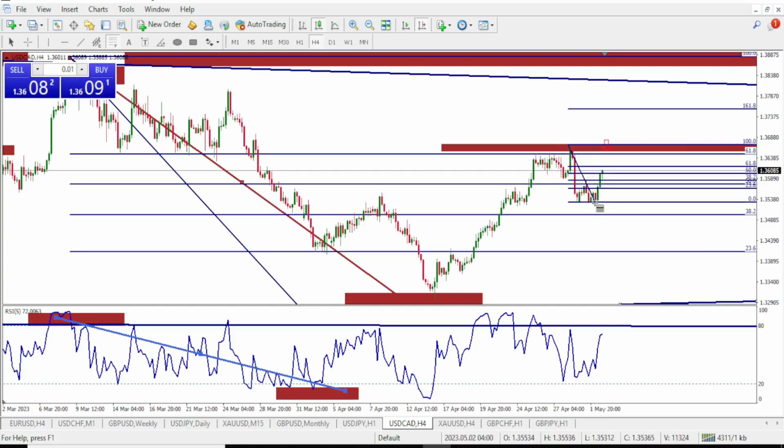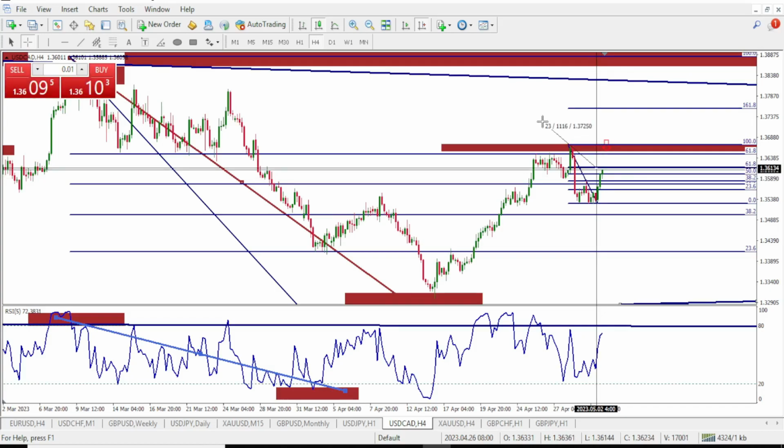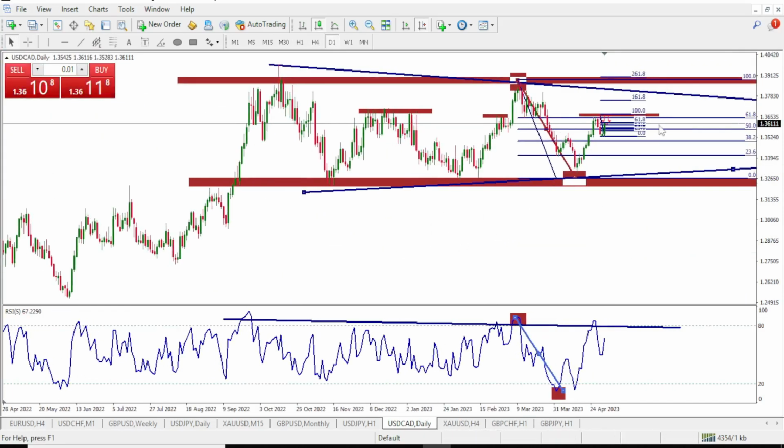If I have FOMO, then a sell near 1.36134, around 111 pips of stop loss, and the take profit will be 196 pips. Now this is according to the Fibonacci, but we also cannot deny the fact that this pattern also has not yet completed.